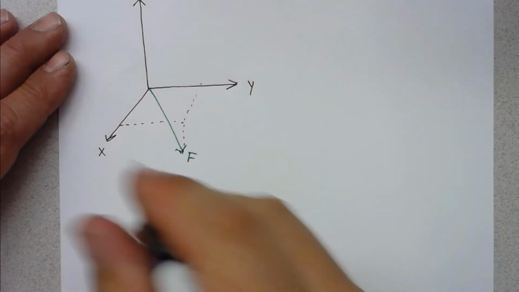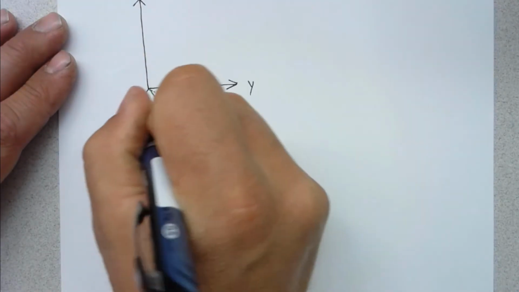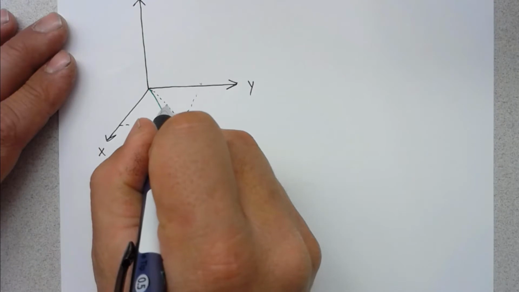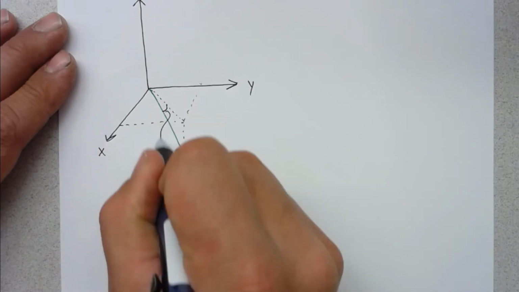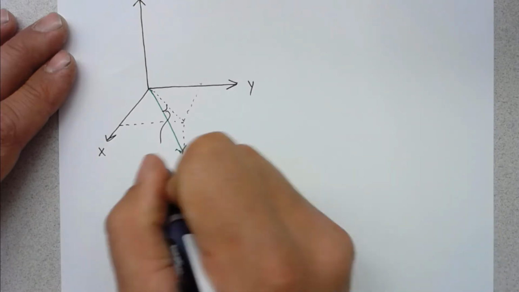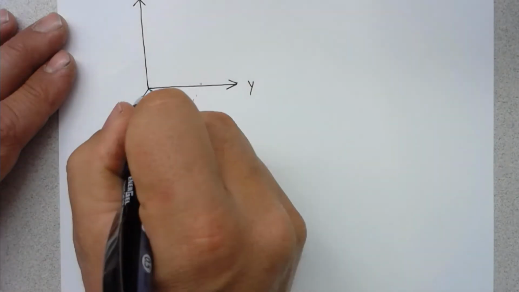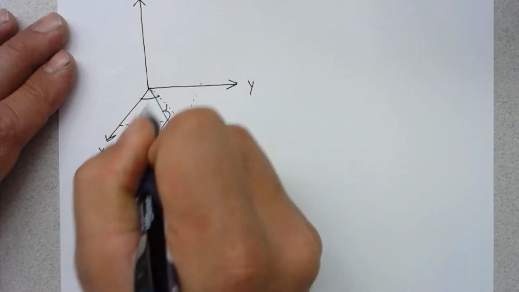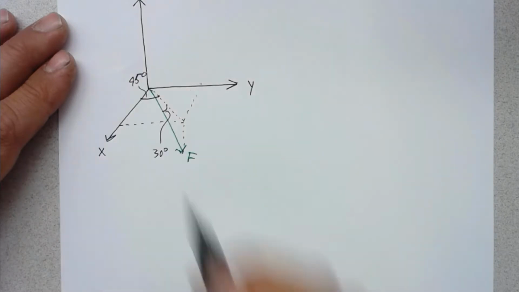They have another dot that goes like this, and they give you both the angle here, which maybe we'll say is 30 degrees, and then an angle here that they call maybe 45 degrees.